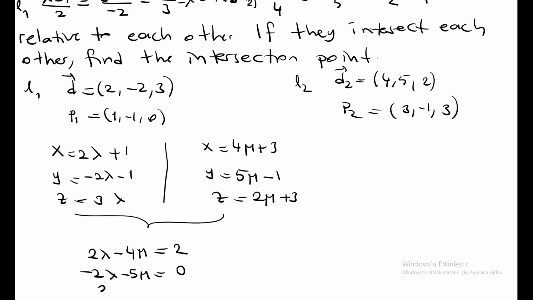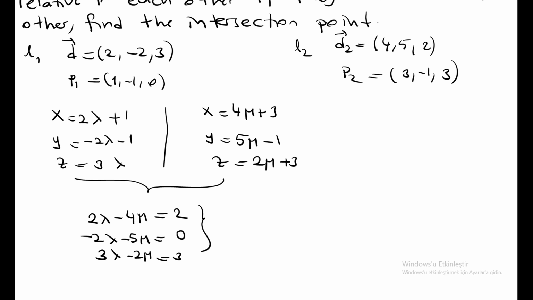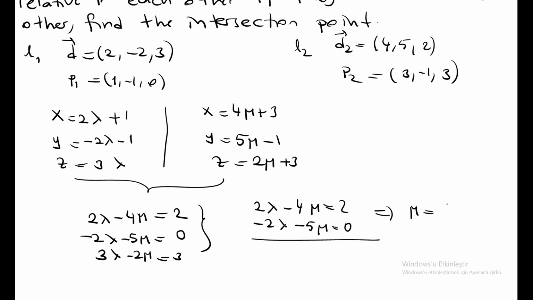And 3 times lambda minus 2 times mu equals 3. So I will solve these two together. So 2 times lambda minus 4 times mu equals 2, and 2 times lambda minus 5 times mu equals 0. So from here you have mu equals −2 over 9.